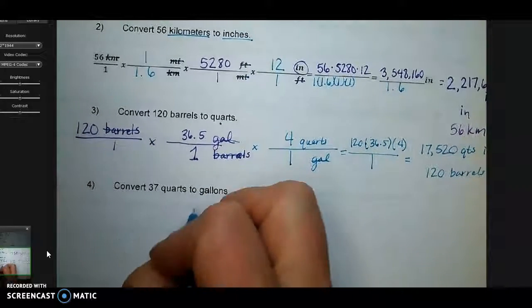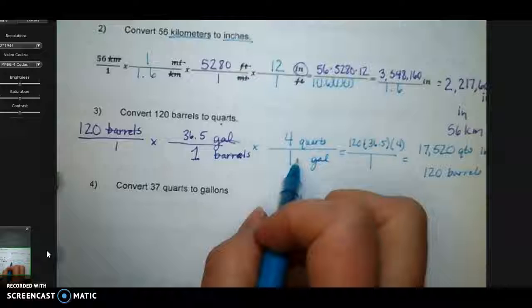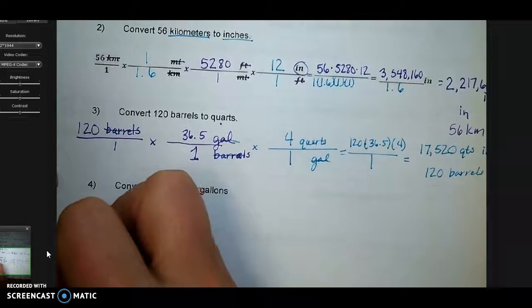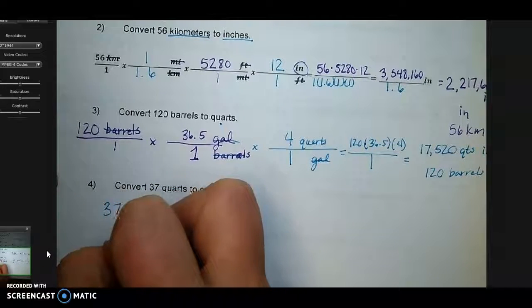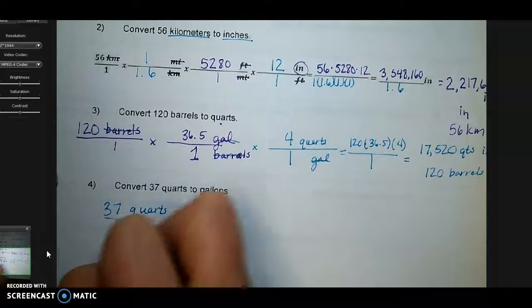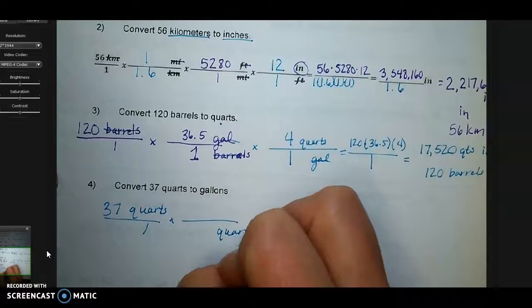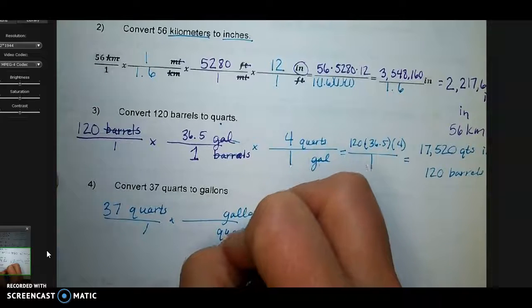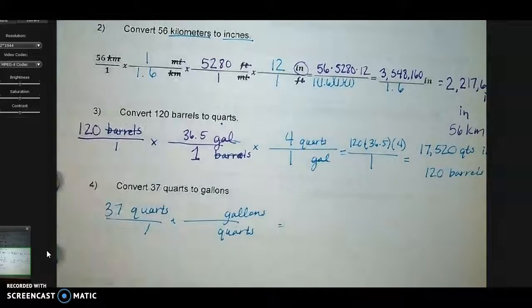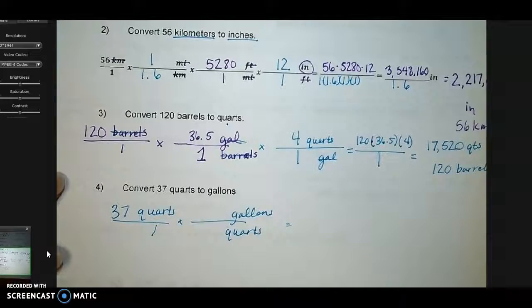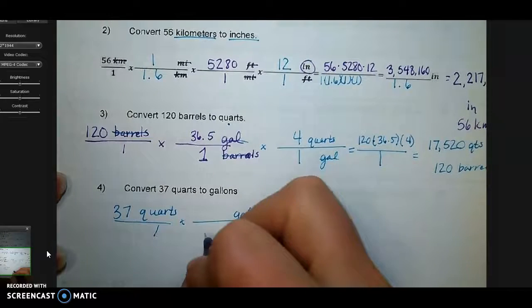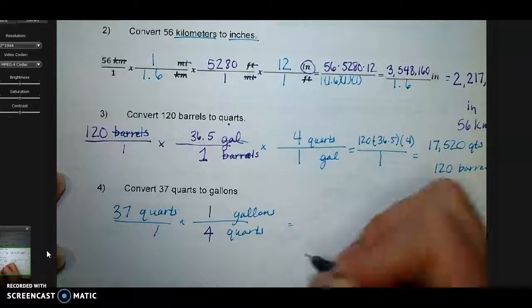This next one, they just want me to go quarts to gallons. And if you remember, there are 4 quarts in 1 gallon. So 37 quarts. So this is going to be a nice one-step conversion for me. So we said there are 4 quarts in 1 gallon.